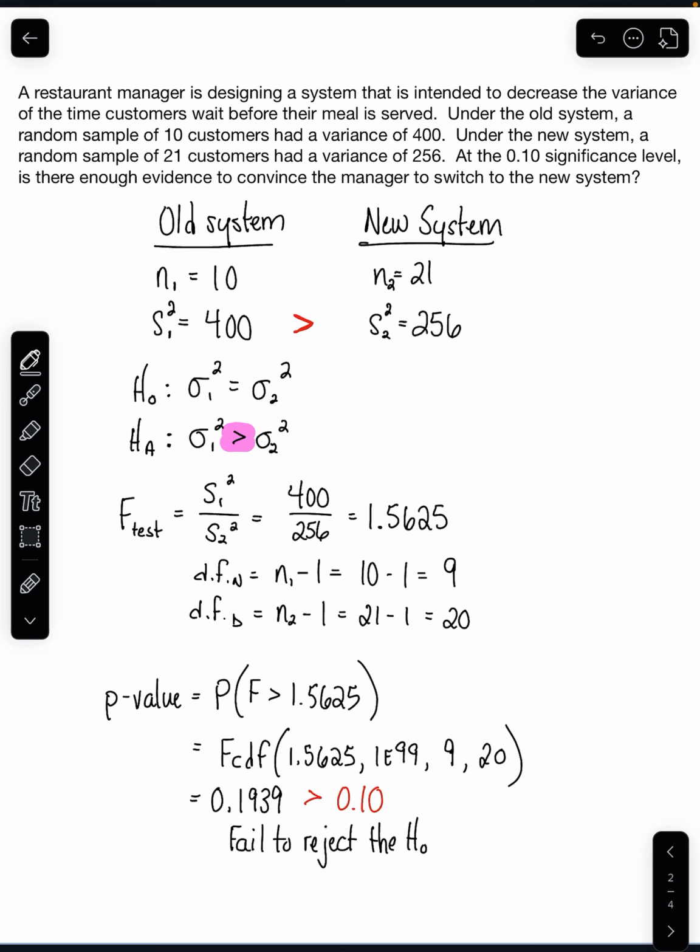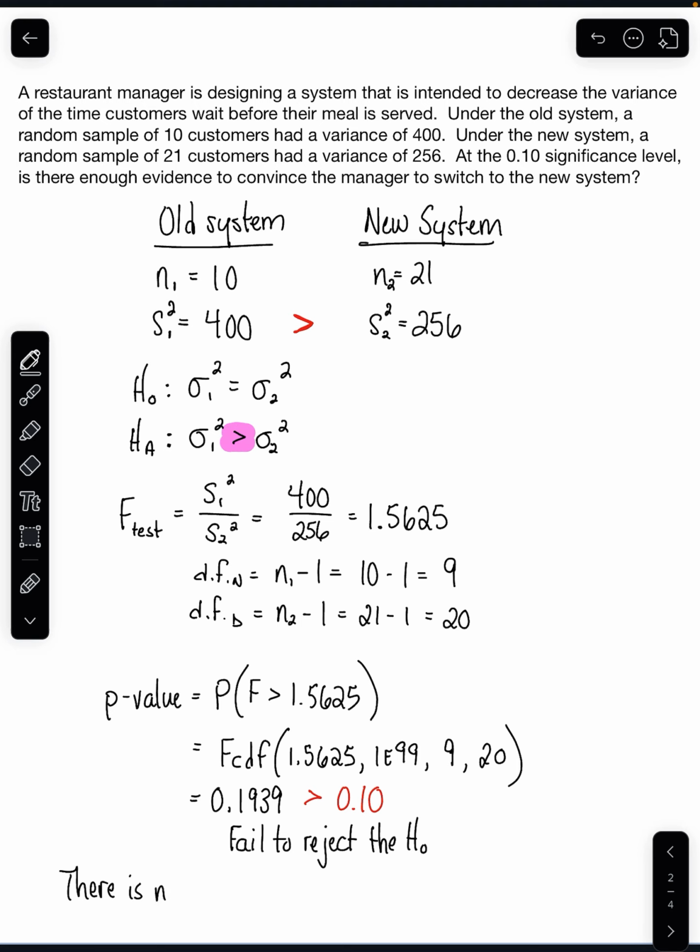And the fact of the matter is that a sample of only 10 customers from the old system is very, very small. Both of these samples are relatively small, but the 10 in particular is quite small. So what we see here is that there isn't enough evidence to suggest that the population variances are different. We would need more data, perhaps a larger sample size.